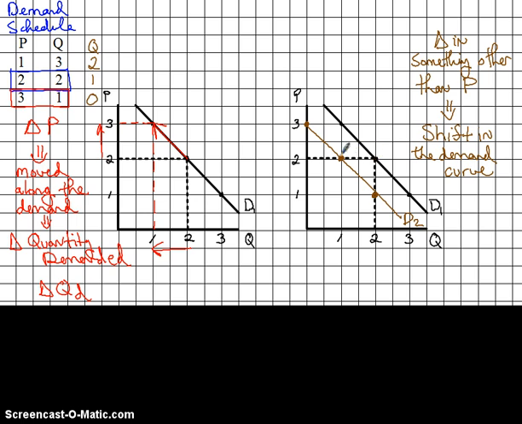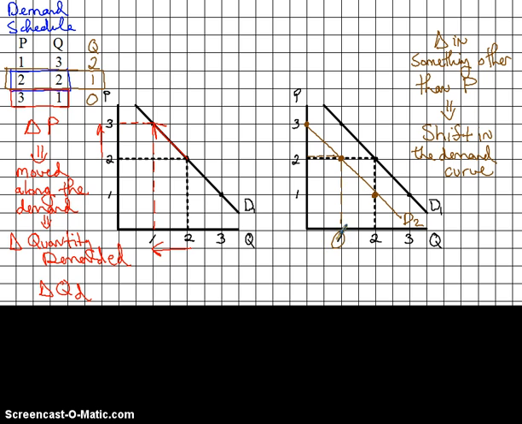Now, if the price is still $2, how much apple juice are people now going to buy? If the price did not change, and we got this news about apple juice being associated with cancer, well, people used to buy 2 units of apple juice. Now they will only buy 1 unit. How do I show that on the graph? Well, I come over here to the price of 2, and I come across to where I hit the demand curve, and then come down, and there it is.